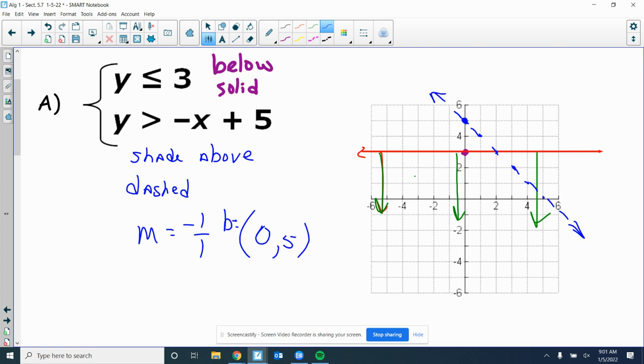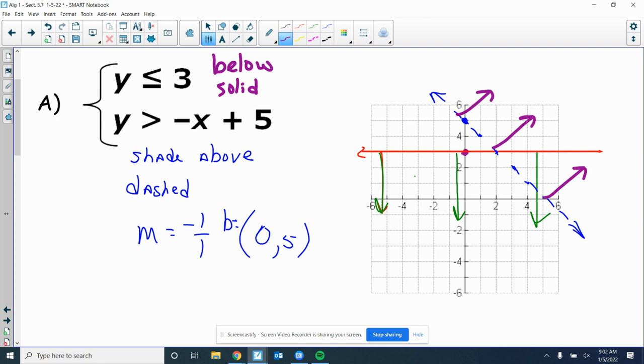Now, am I shading above or below? So here's what I'm going to do. Let's go purple. Okay?